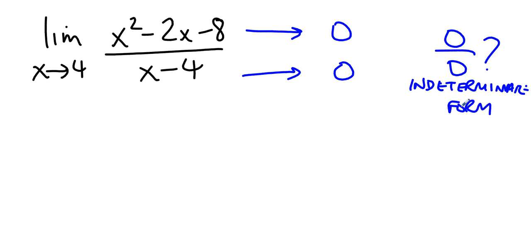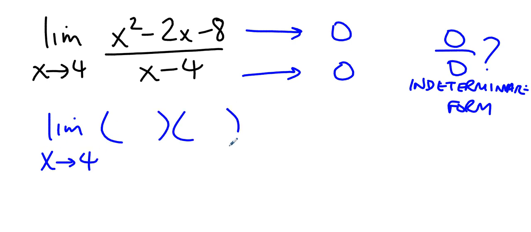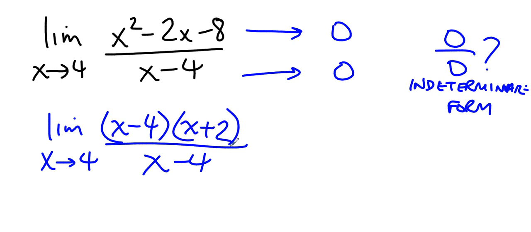So what do we do? Well, lucky for us, in Algebra 1, they taught us that this numerator factors into x minus 4 and x plus 2. And then the most glorious thing happens. These two factors cancel out. Why do they cancel out? Because we have a rule about division, about canceling, which really is division.